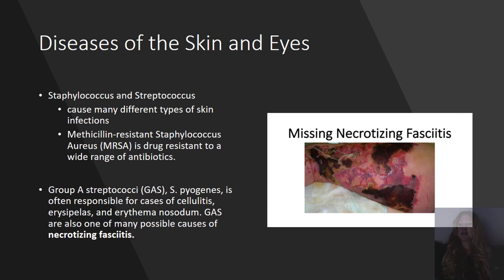So, diseases of the skin and eyes. We have Staphylococcus and Streptococcus, and of course there are many strains, and these cause many different types of skin infections. One of them that's important to note is MRSA, methicillin-resistant Staphylococcus aureus.